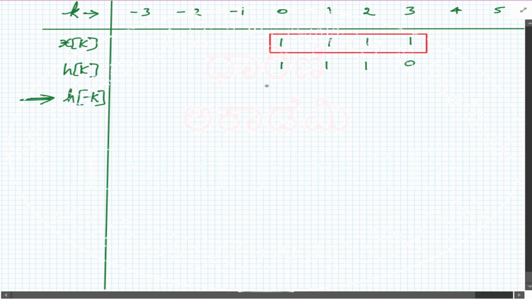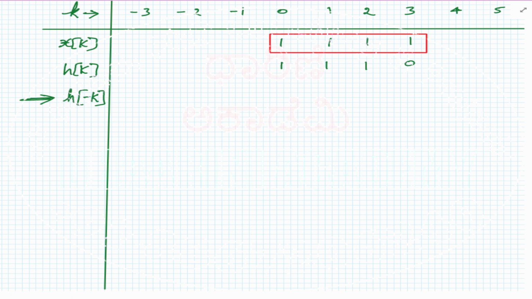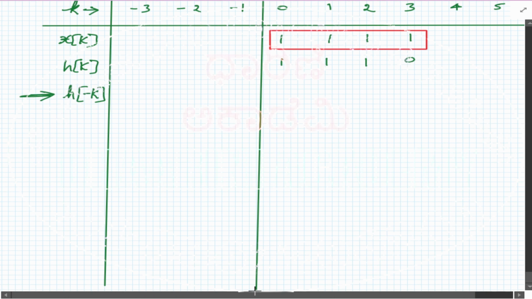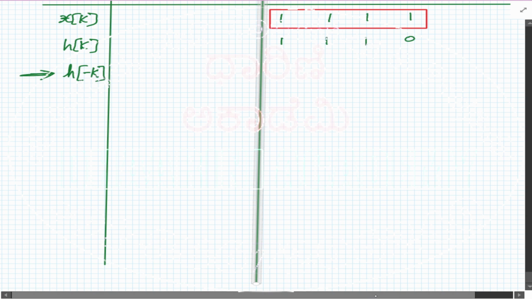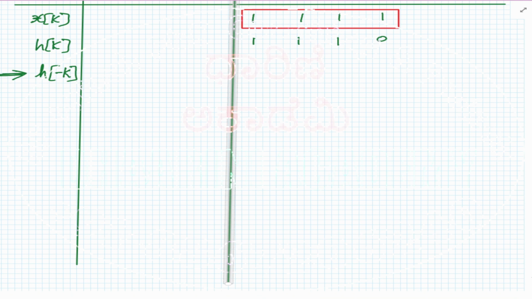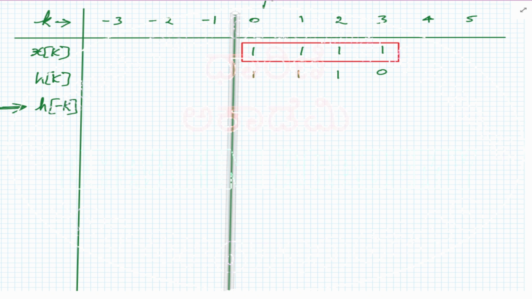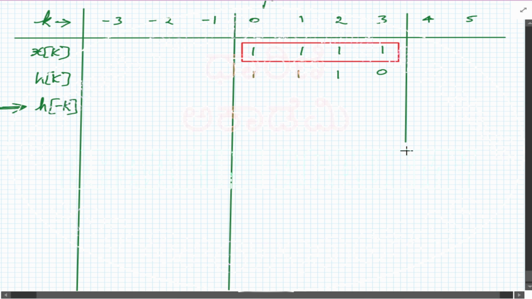What do you mean by k becoming minus k? Have you heard of flipping the signal? What do you mean by flip? Flip means everything on the right side of your y-axis will move to the left, correct? Reflection, that's what a flip is.